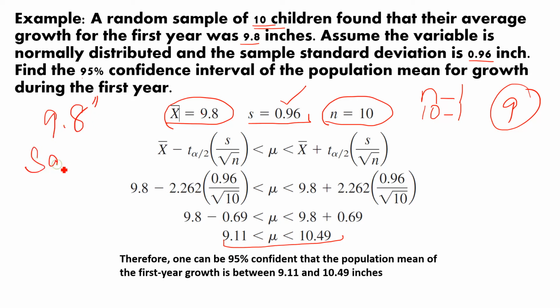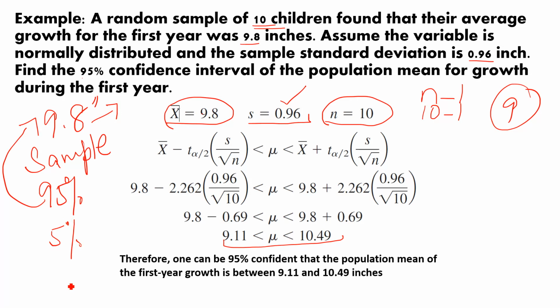This is based on my sample size of 10 kids. On the basis of sample size, we said the population mean is also same. I am 95% confident that the population mean is also 9.8, but 5% maybe I am wrong, right?